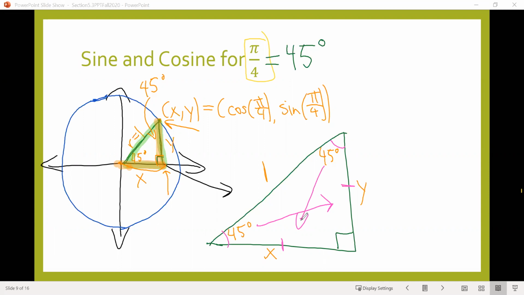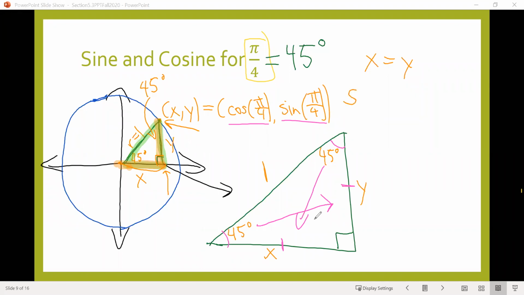So what does that tell us about x and y? Well, that tells us that in this case, for an angle of pi over 4 radians, or 45 degrees, x equals y. But also recall that x is the value of the cosine of the angle, and y is the value of the sine of the angle.